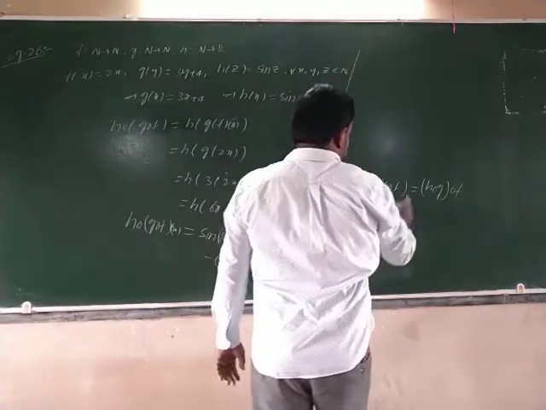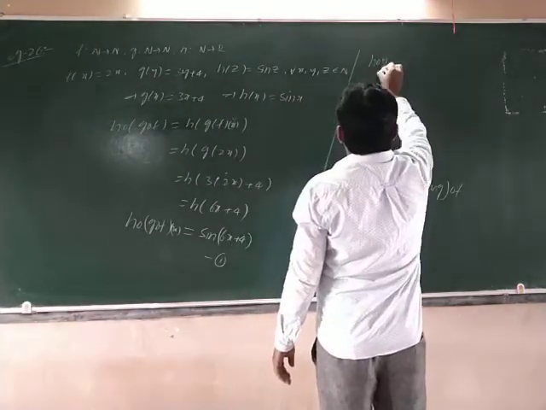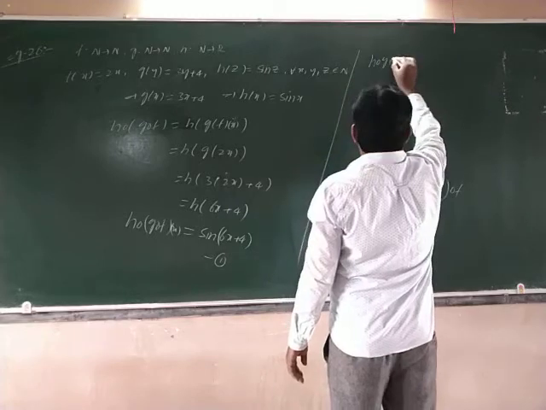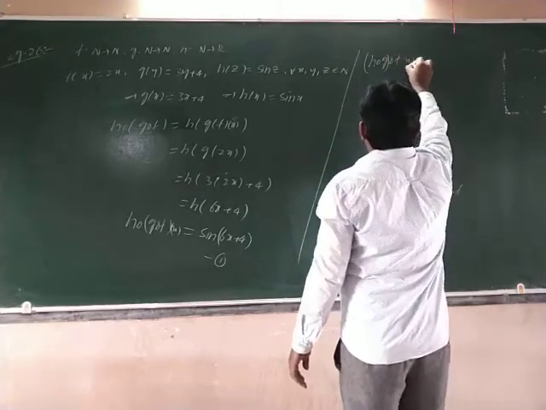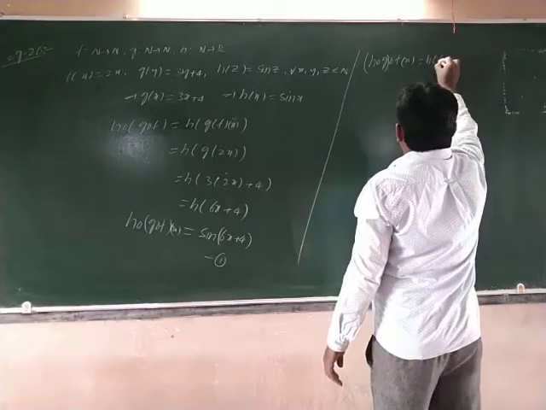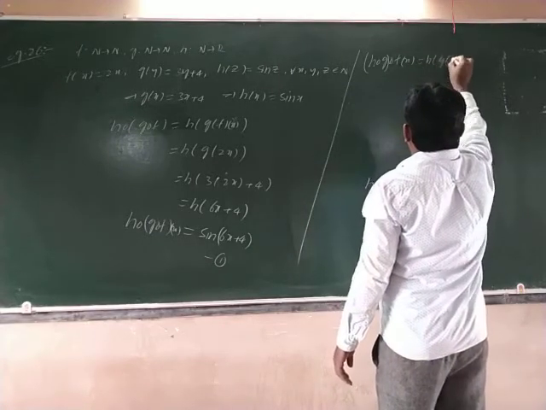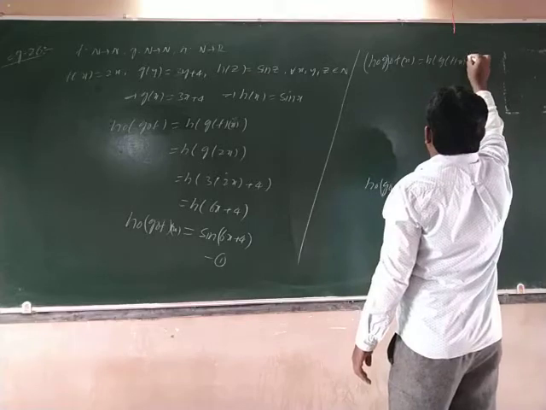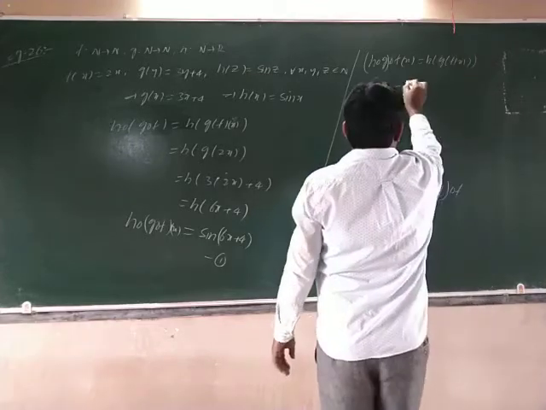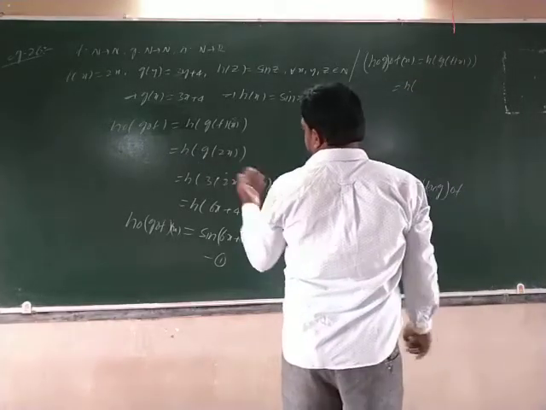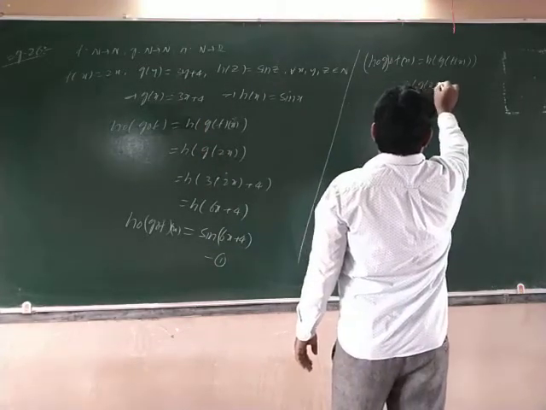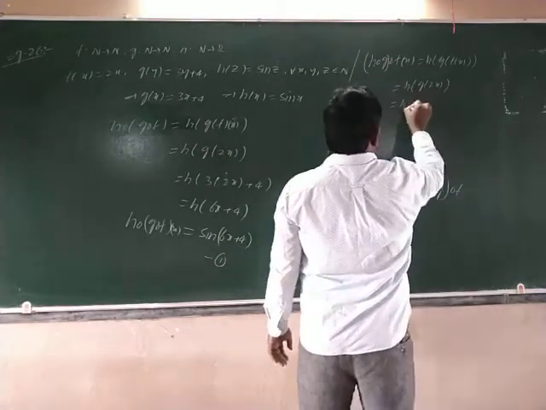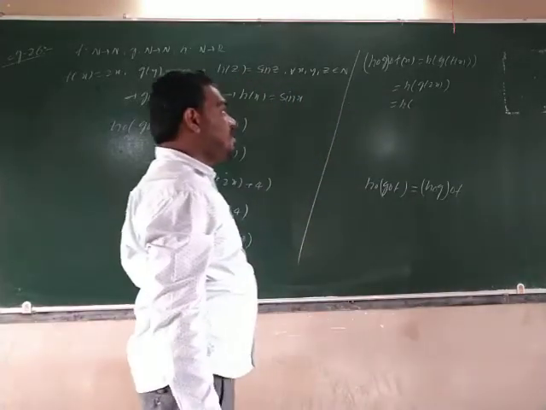Now the right side, h circle of g circle f of x, we are finding. H of g of f of x, again. F of x is 2x. That is h of g of 2x.